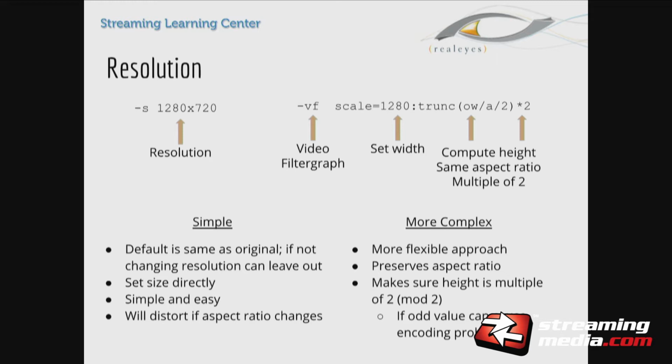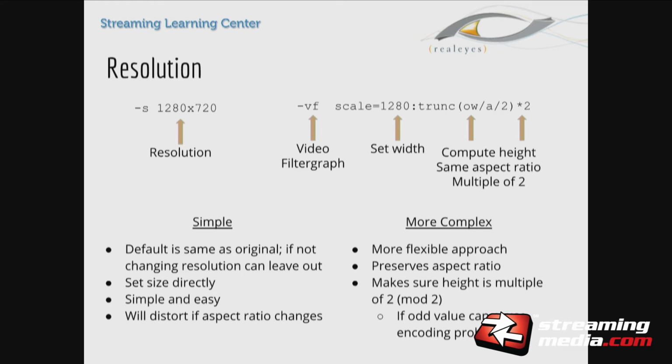You would use the command on the right, after the VF, which tells FFmpeg that a video filter graph is coming. There we're saying we want to set the width, and then set the right height, computed using the same aspect ratio and making sure it's a multiple of 2 just to make things easier on your encoder. So, two approaches. If you know the resolution of your file coming in every time, I would use the one on the left. If you're dealing with different file sizes coming in, I would use the one on the right.